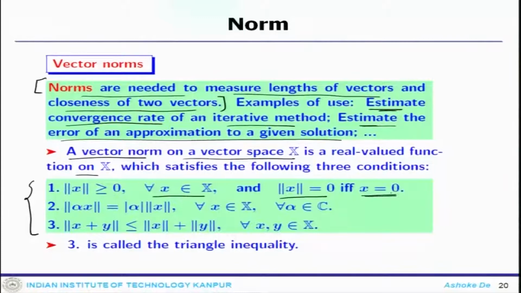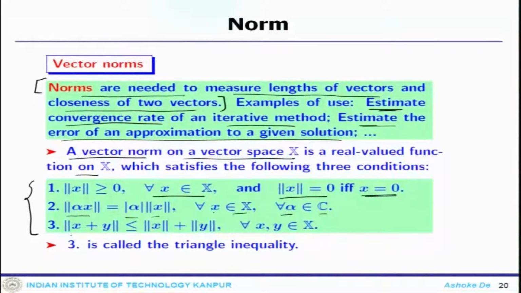Then if you multiply it with any scalar alpha and take the modulus, this can be represented as mod alpha times the magnitude of x, for all x belonging to this vector space and for all alpha belonging to any number.